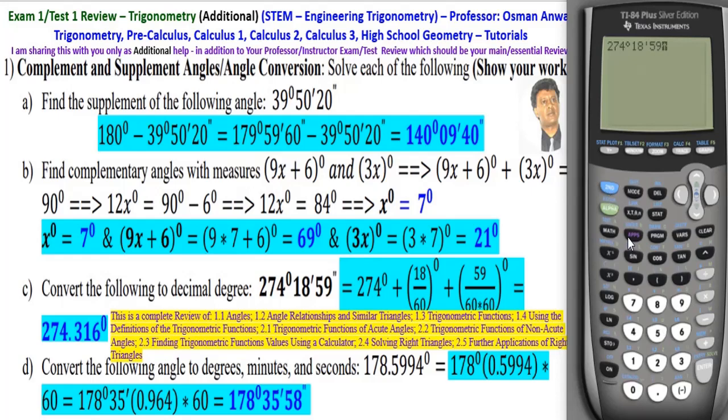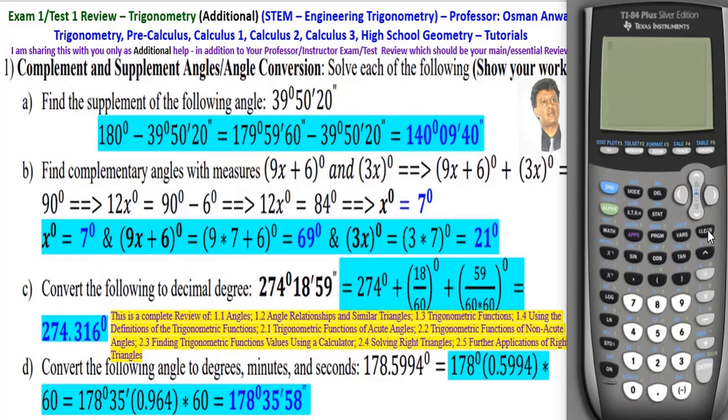So if you come here to second angle, you will not find seconds here. But now if you look carefully, you will find the second, it is alpha plus. Okay. And simply hit enter, and here is 274.316. Okay.